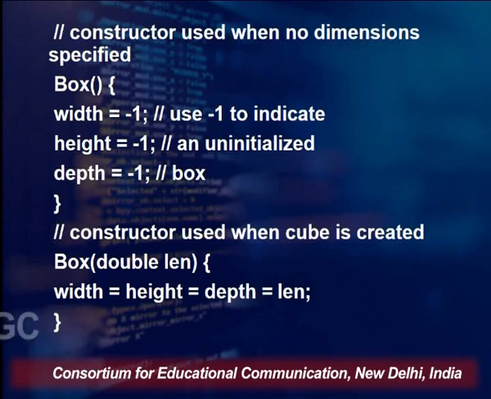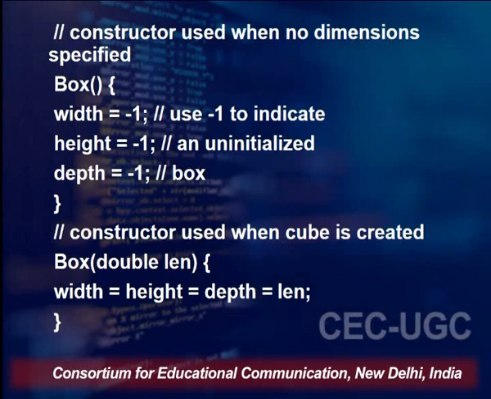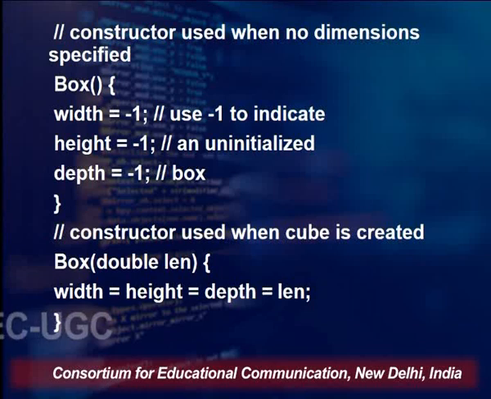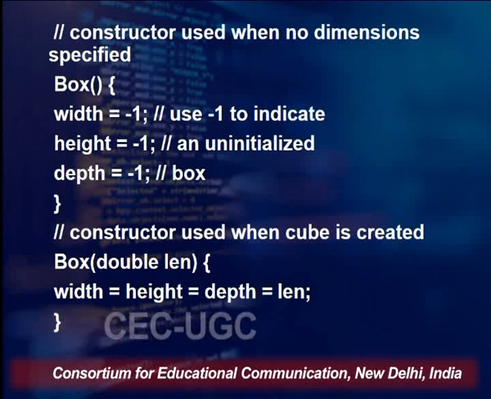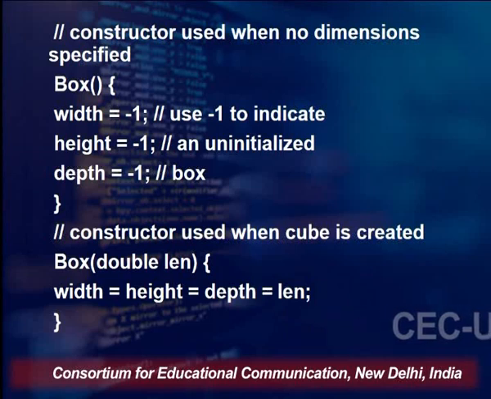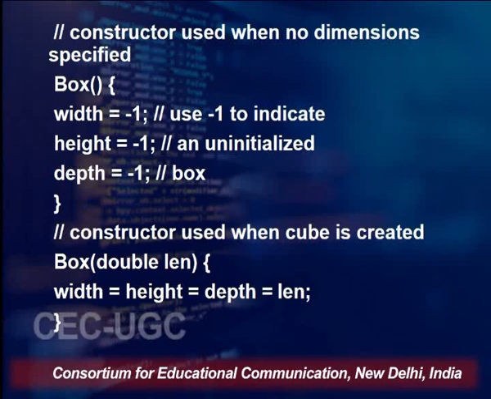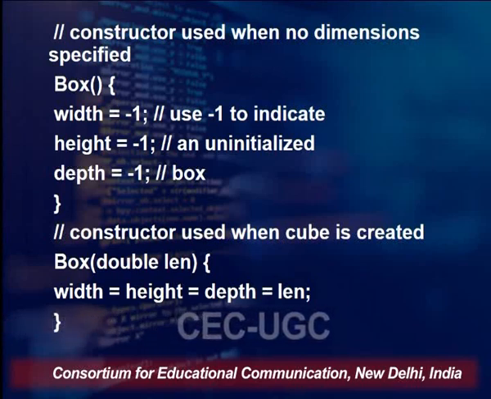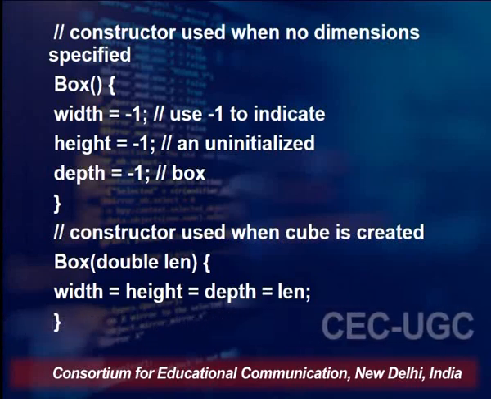Now we are supplying one more constructor, which is actually a default constructor, in which we are not passing any parameters, no dimensions are specified, and here we have width equals -1, height equals -1 and depth equals -1. So we are using -1 to indicate an uninitialized box.